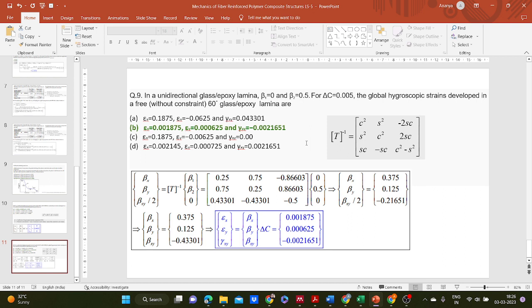We have to find hygroscopic coefficients Bx, By, and Bxy. And B1 and B2 is not given. Yeah, that's not good. Without B1 and B2 you won't be able to find Bx.